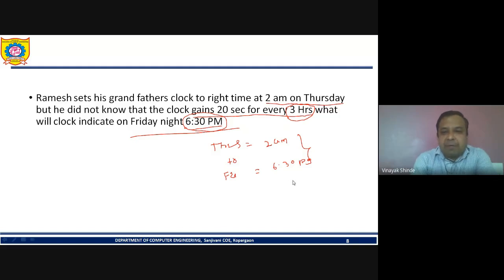For aptitude you require practice. It is not a thing that you can prepare within 1 or 2 days. Though you remember the formula and have the logic, still you require practice.